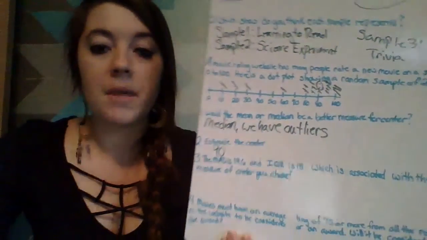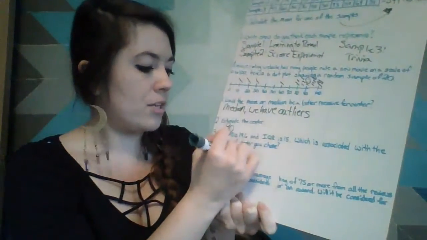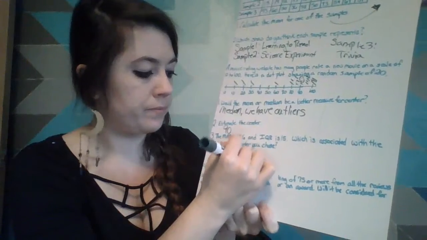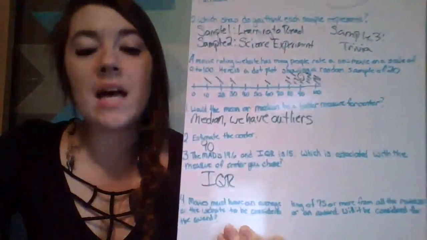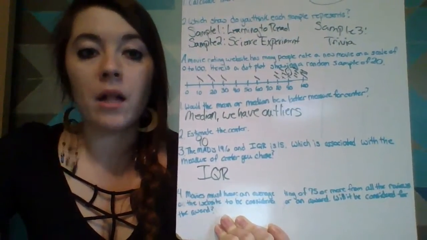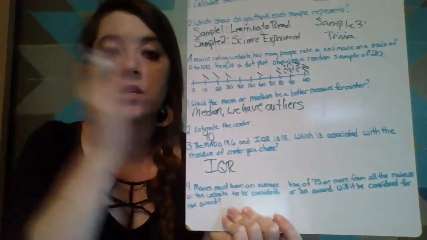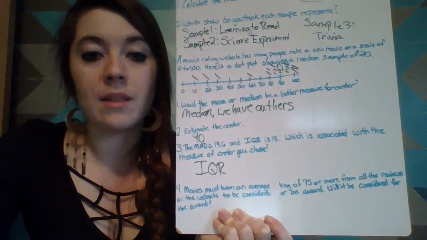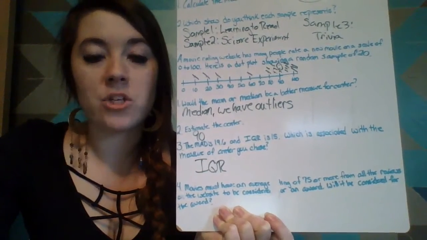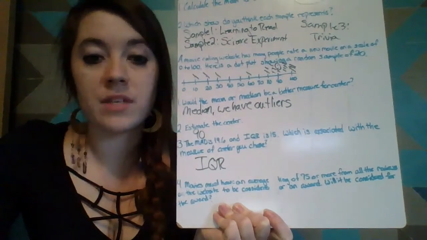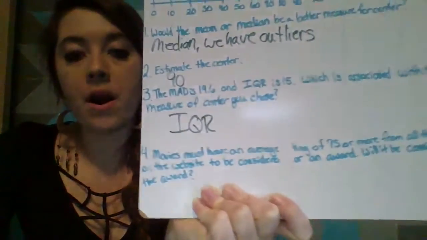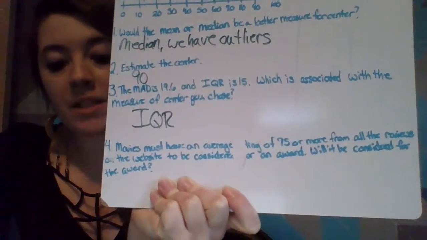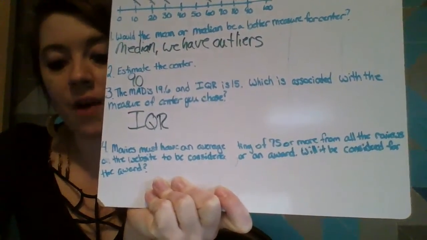We didn't calculate the mean, so we're looking at the interquartile range, or the IQR. Because we dealt with the median, which is the middle, we can split this into sections and look for the middle, so the interquartile range is what we use as the measure of variability with the measure of center we chose.